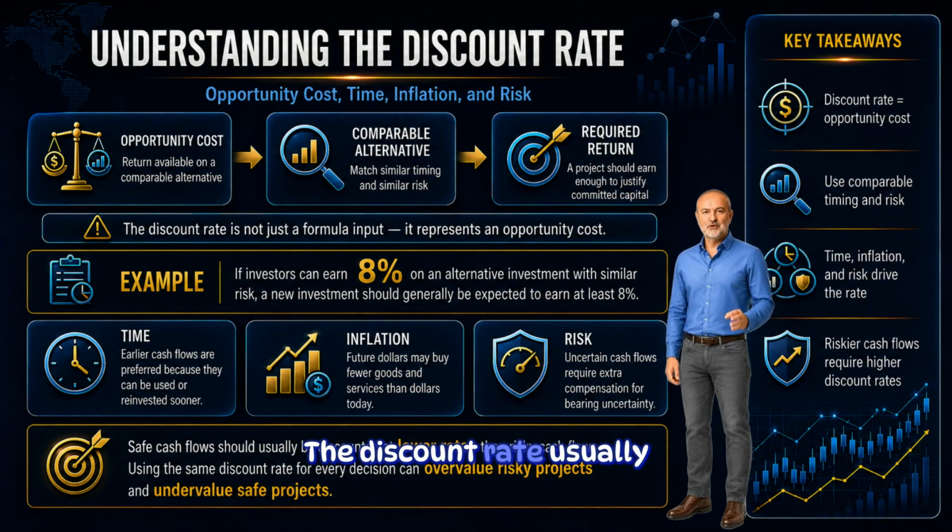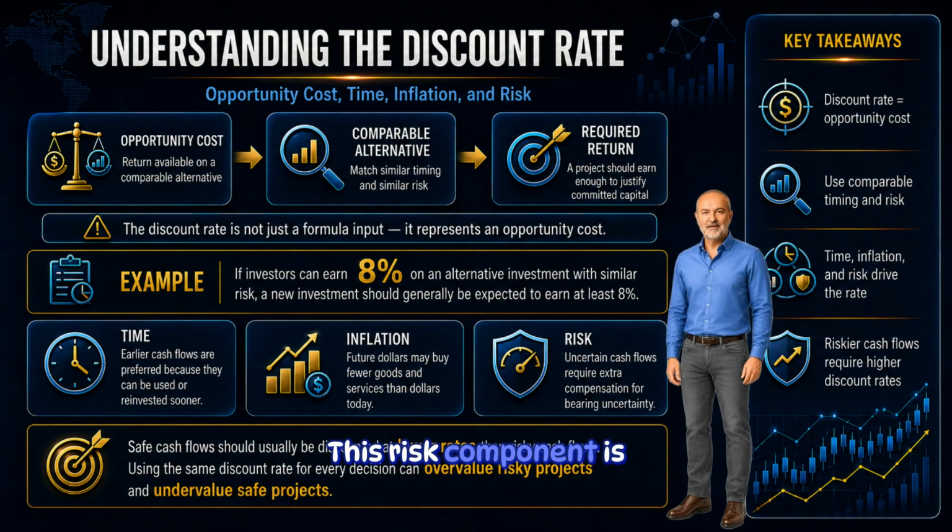The discount rate usually reflects three major forces. First, time. Investors prefer earlier cash flows because earlier cash can be reinvested or used. Second, inflation. Future dollars may buy fewer goods and services than dollars today. Third, risk. If a future cash flow is uncertain, investors require compensation for bearing that uncertainty.